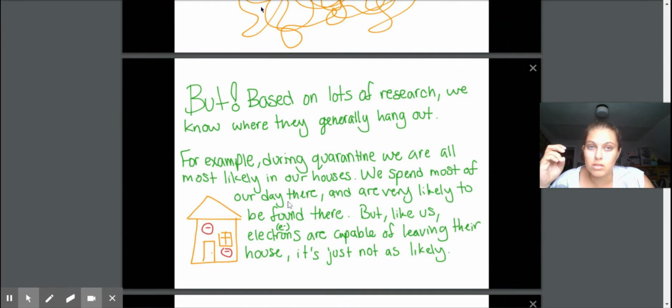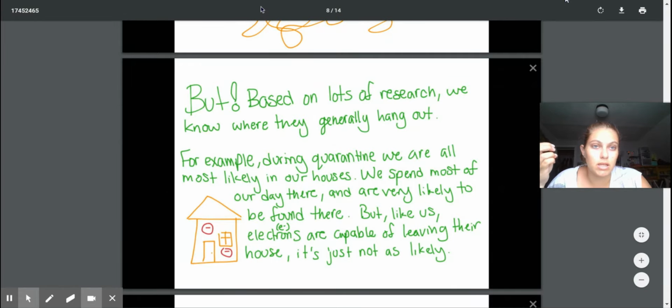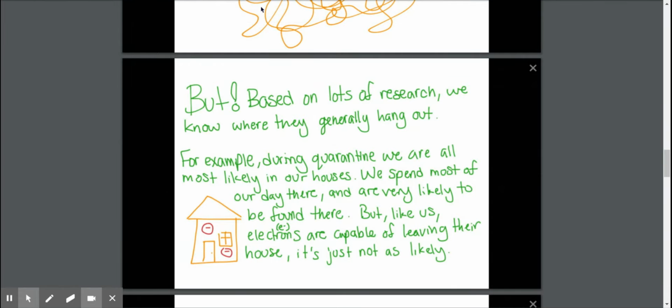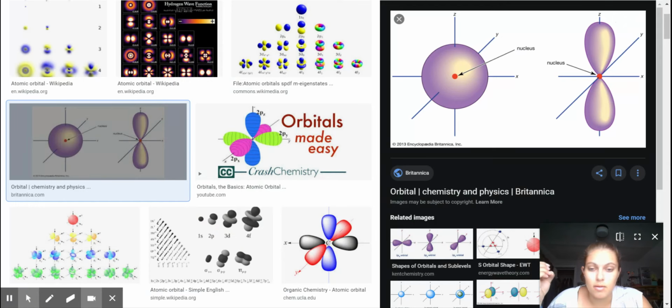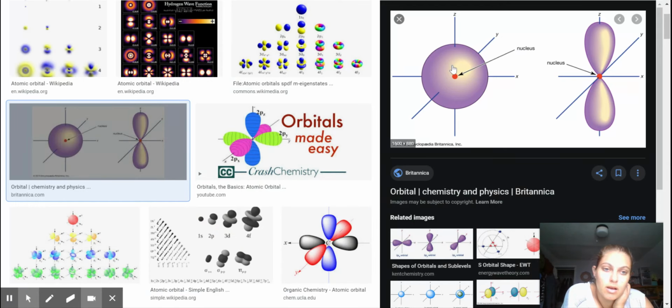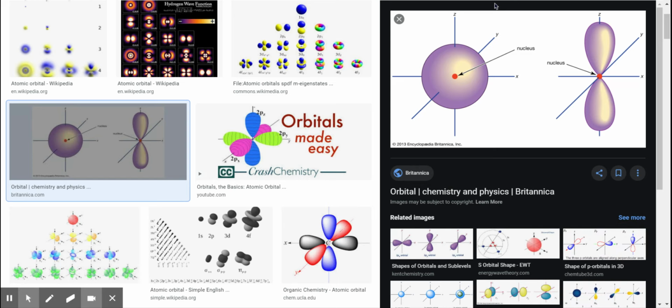And if we go into this other tab, we can see some fun things, shapes. So the houses that they generally hang out in. Let me open up that. Okay.